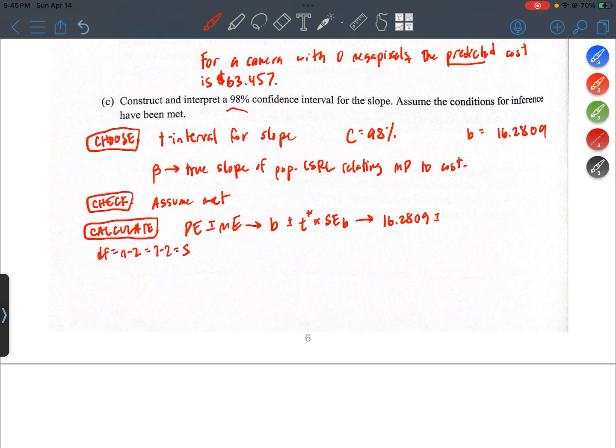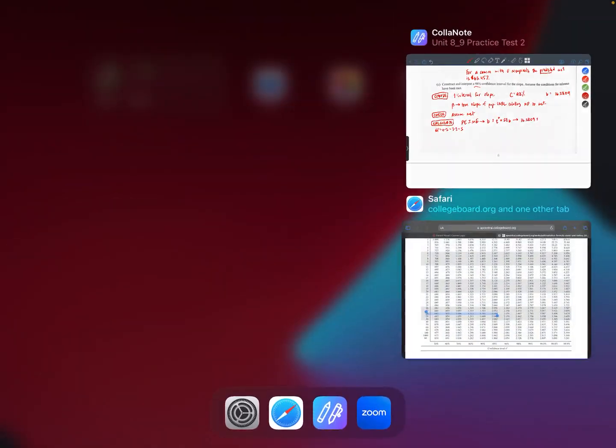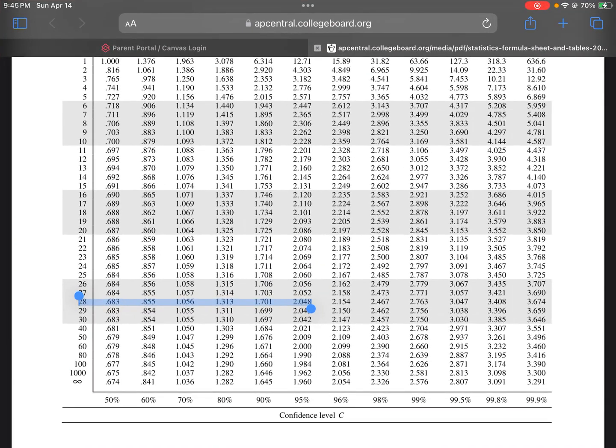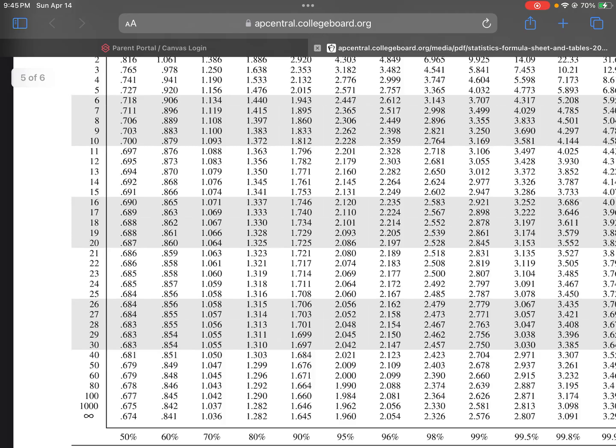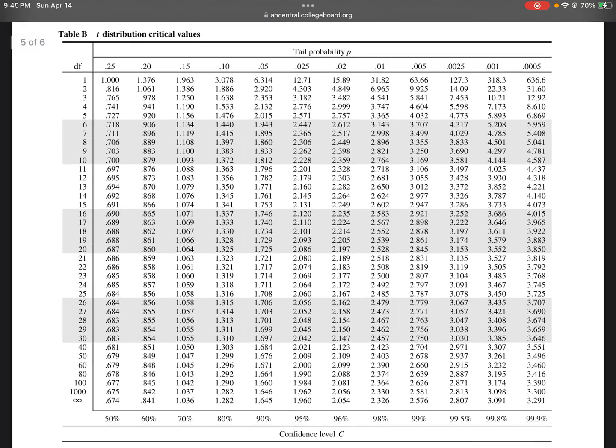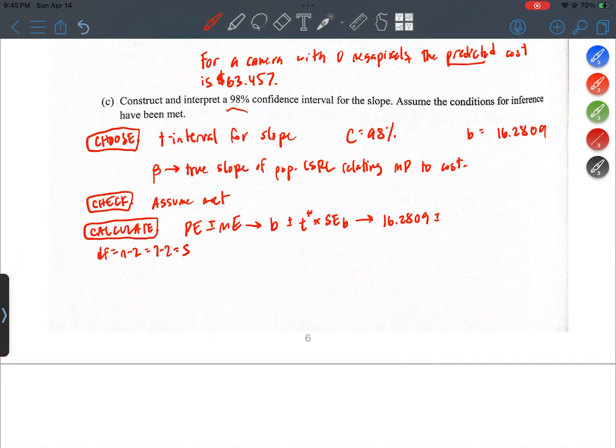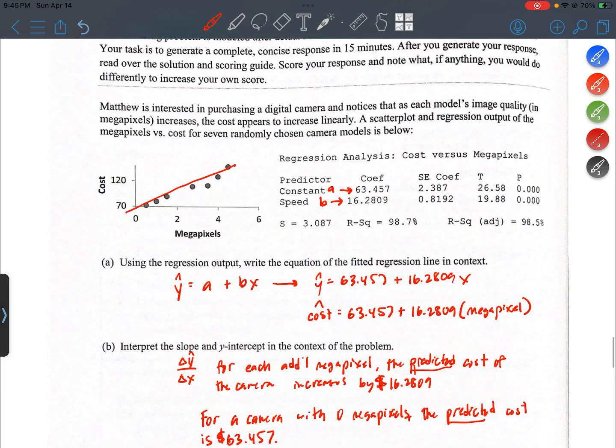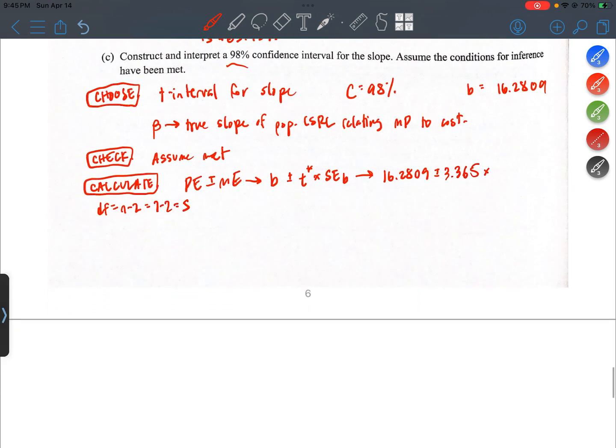Okay, so 5 degrees of freedom, 98% confidence is right there. So 3.365 times the standard error is that number right there, SEb, 0.8192.